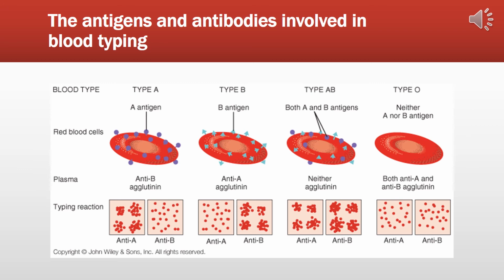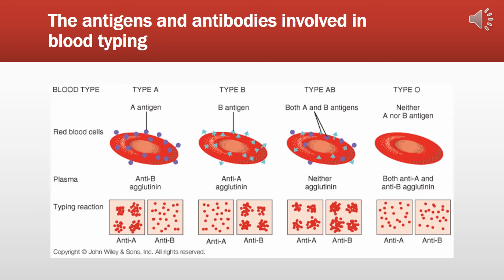And over here we have B-type blood, which expresses the B-type antigen, and individuals with this blood type produce anti-A agglutinin. When we expose this B-type blood to the anti-B agglutinin, the cells clump, and that's how we tell it's B-type blood, because it clumps with the anti-B but not with the anti-A.